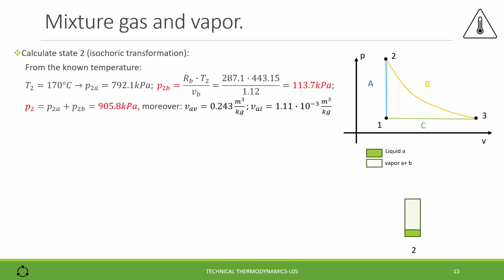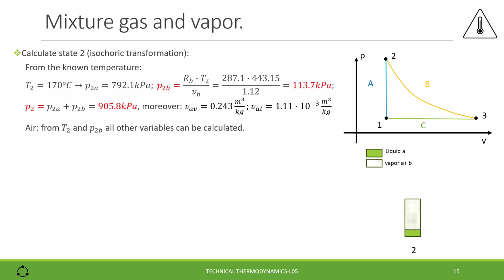The pressure 2 is the sum of the pressure 2A and the pressure 2B, we find 905.8 kilopascal. Moreover, the volume of the vapor and the volume of the liquid are also function of temperature and can be calculated for the fluid A.